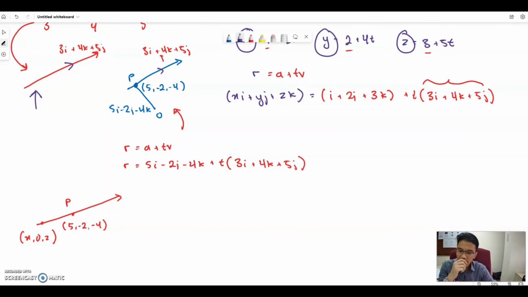In order to find that, we have to convert this vector equation into parametric equations.